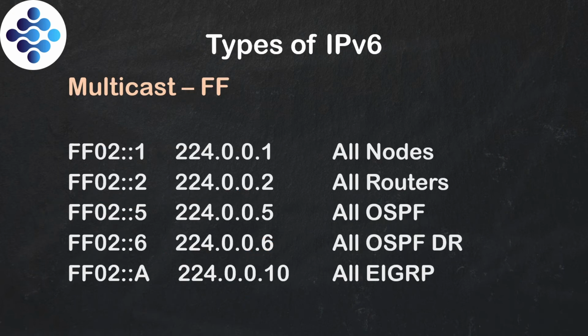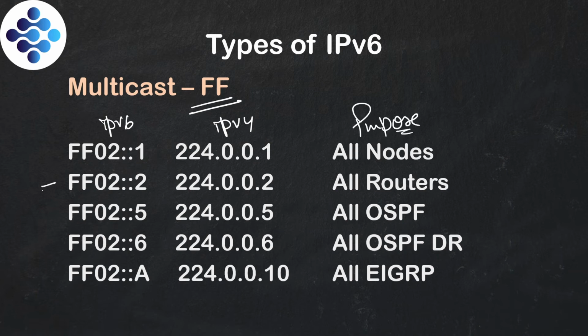The next type of IPv6 is multicast. It's identified by FF. So here are various types of IPv6 multicast addresses with IPv4. This is for IPv6 and this is for IPv4 multicast addresses and their purpose.